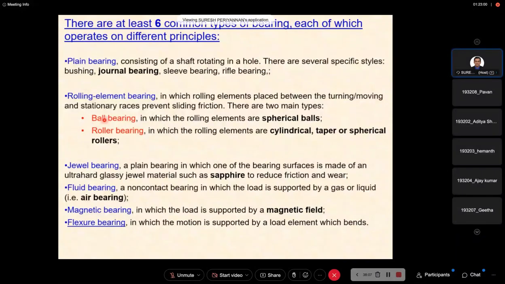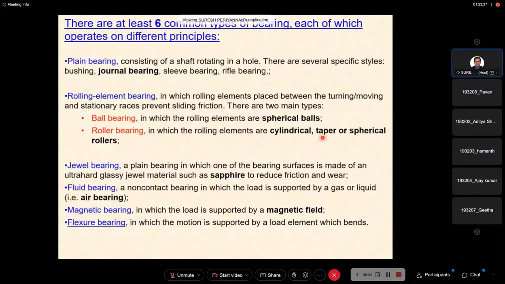Now, there are two main types under the rolling contact bearing. One is the ball bearing, one is the roller bearing. In the ball bearing, we are using spherical balls, as we have seen in the earlier figure. In the roller bearing, we are going to use cylindrical, taper or spherical rollers.